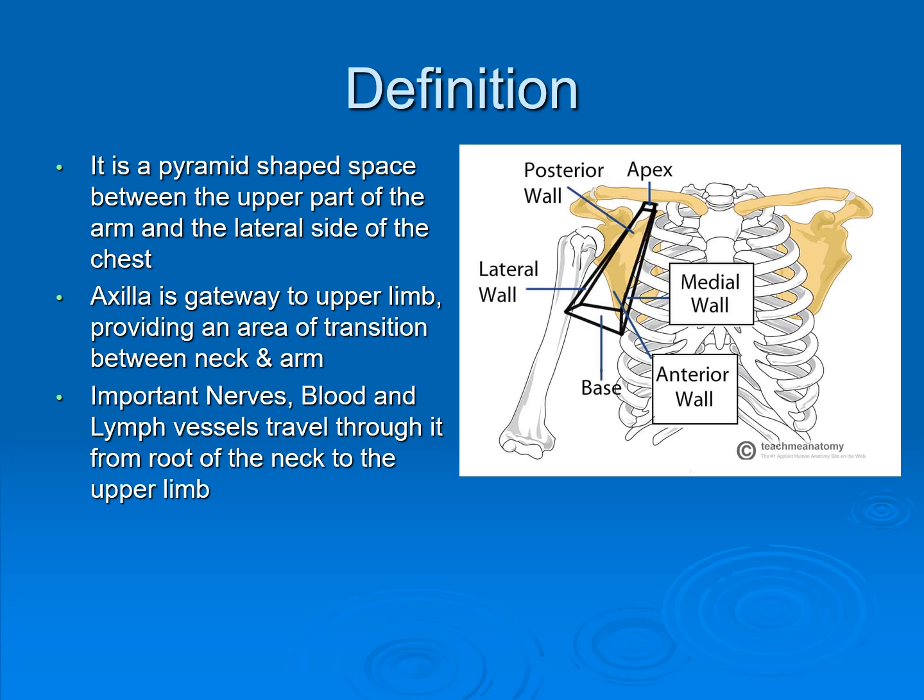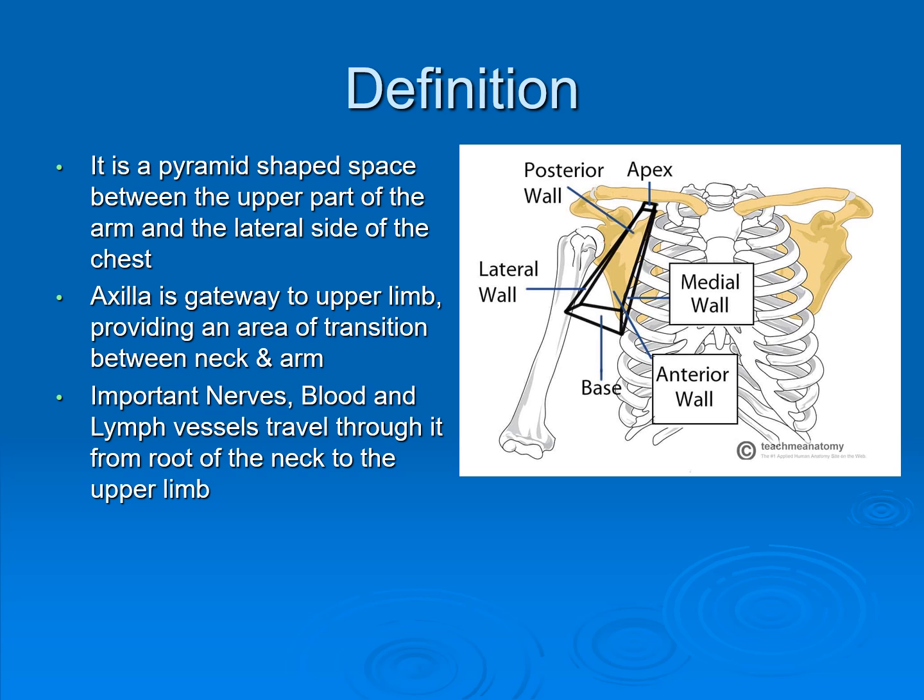And of course, it forms a gateway to the upper limb, providing an area of transition between the neck and the arm. When you're trying to transit from the neck to the upper arm, you're going to find out that this space exists. When you raise your arm, you're going to see the space completely exposed.